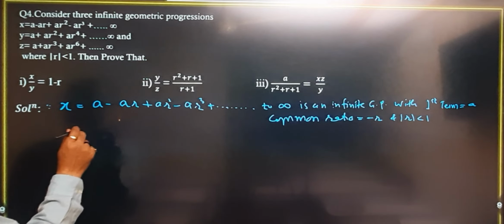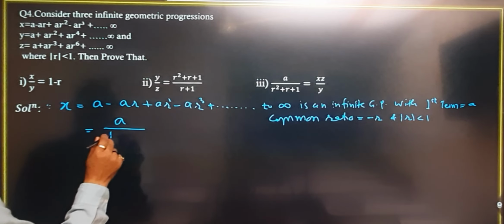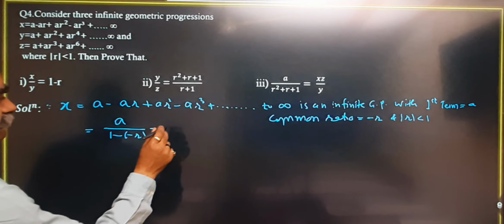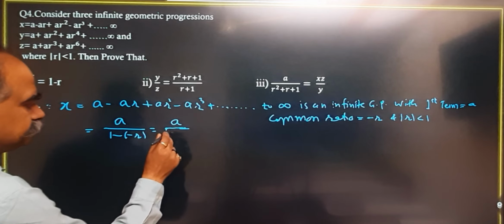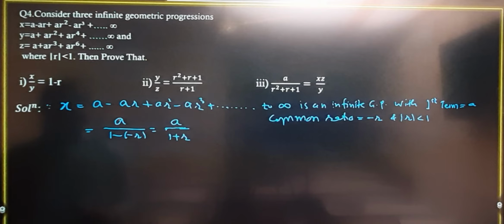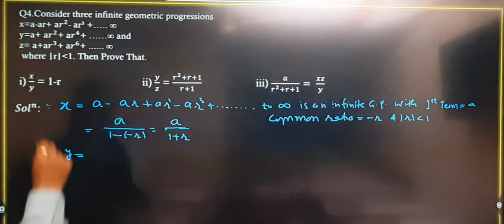So its sum is first term upon 1 minus common ratio, that is, a upon 1 plus r. This is X.